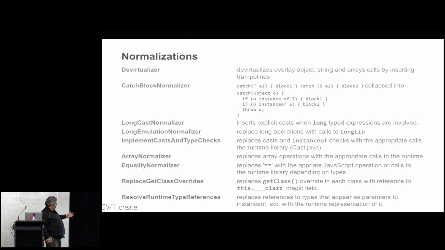Up to here, if there was a type reference, like for example the instance of operation has a type parameter, that would be a special node that says this is a type reference. This pass will transform the type reference in the instance of into the actual value. For example, if object is assigned to type 1, then we'll replace the reference to object with a literal 1.